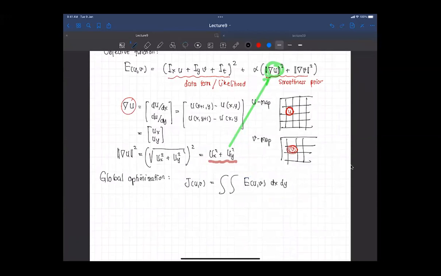What does it mean by this? Integral in discrete means sum. It's actually the sum of all the errors in x and y. It means that we don't really care about the minimum value at that particular pixel, as long as the whole image gives you a small value.